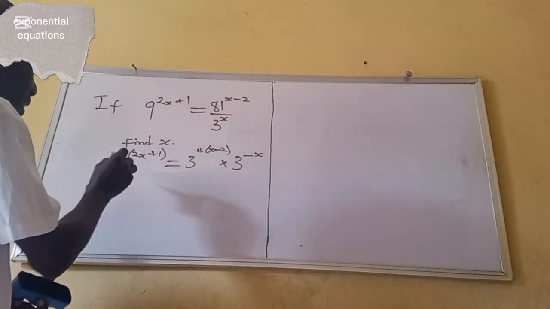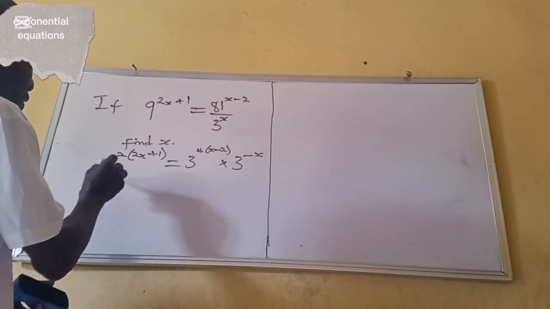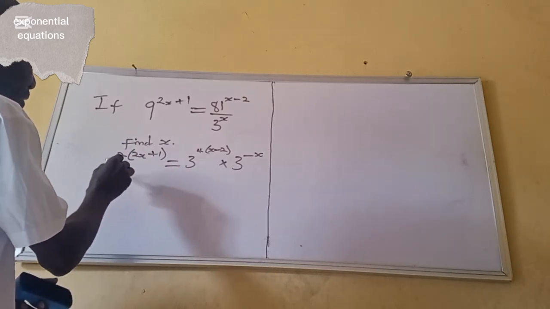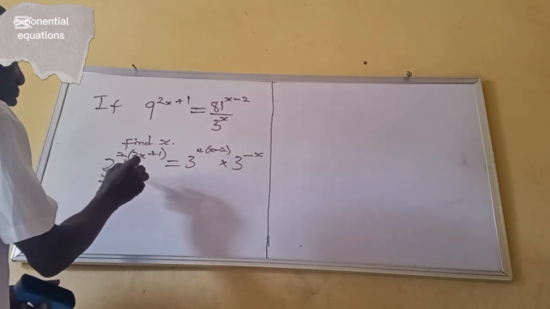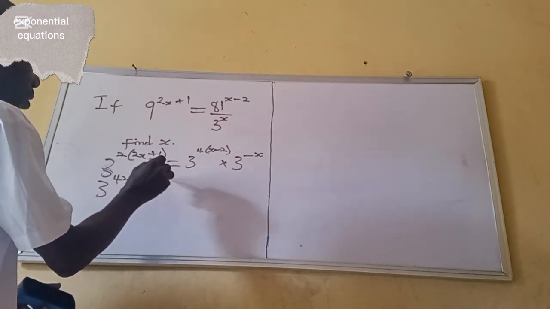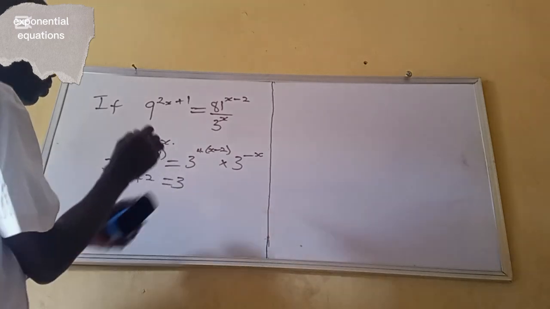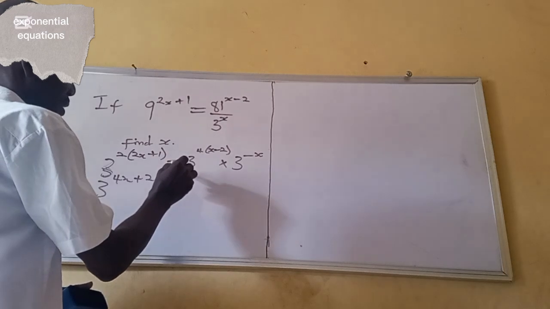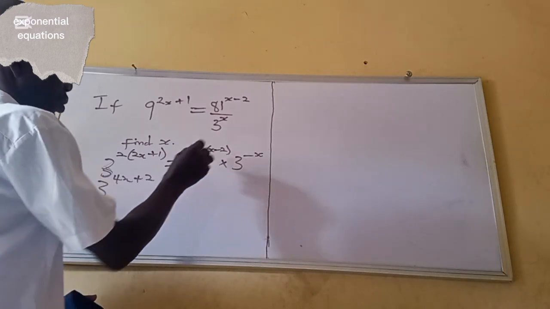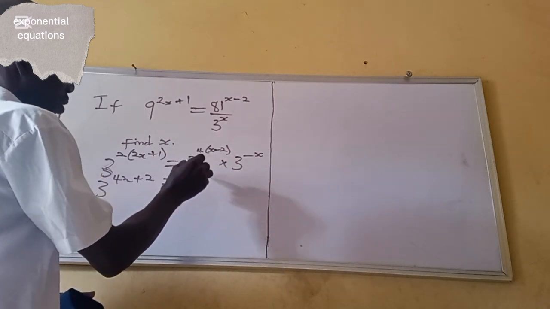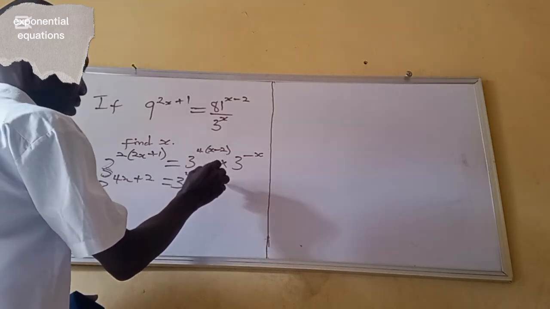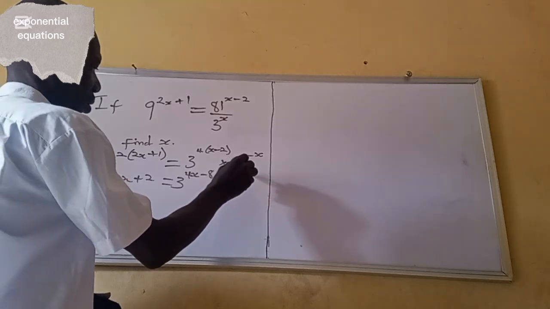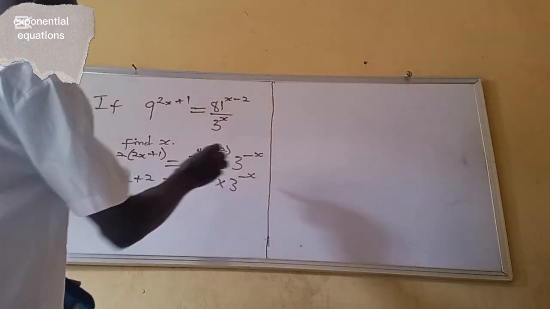So here you have 3 raised to the power 4, 2 times 2x, that is 4x, 2 times 1, that is plus 2, is equal to 3 raised to the power 4 times x, that is 4x, 4 times minus 2, that is minus 8, times 3 raised to the power minus x.